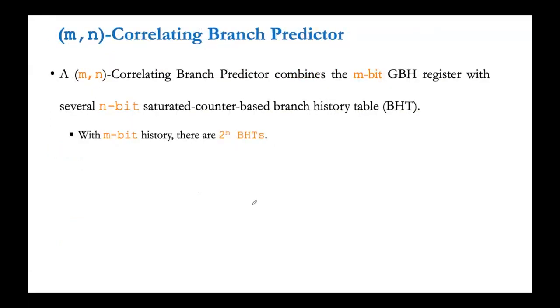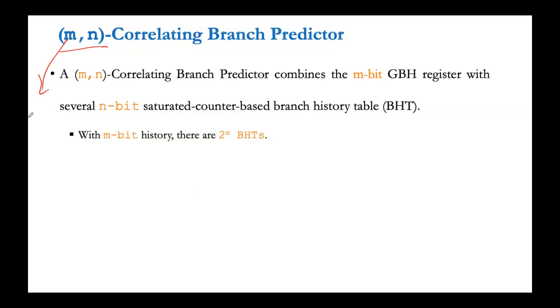In some cases, if there are multiple branches and we need to give an accurate result for the branch prediction, then it is wise to use the (m, n) correlating branch prediction.